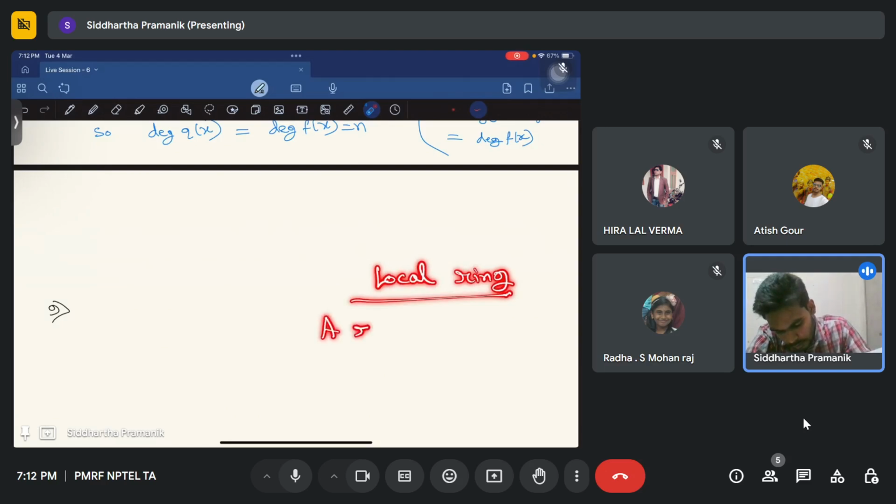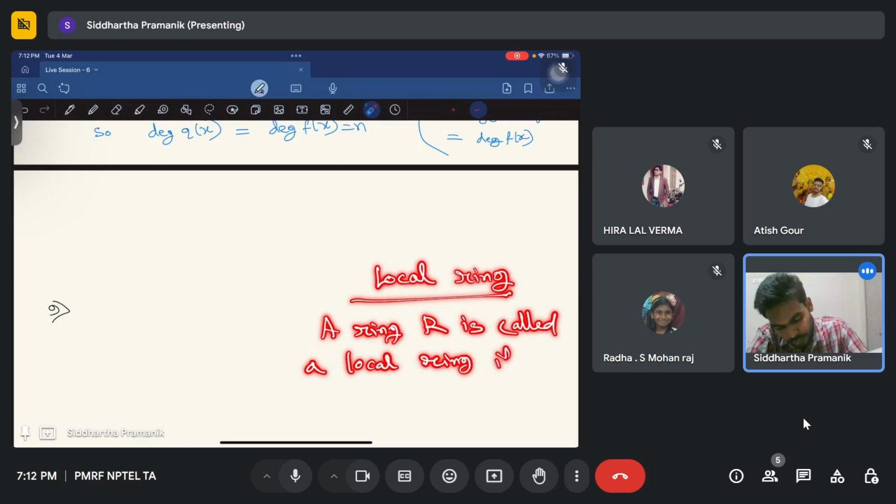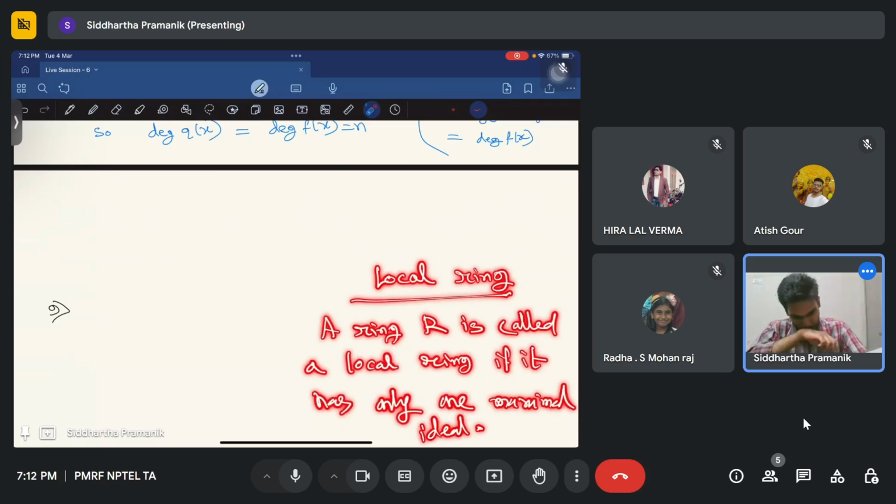A ring R is called a local ring if it has only one maximal ideal. So only one maximal ideal, right?